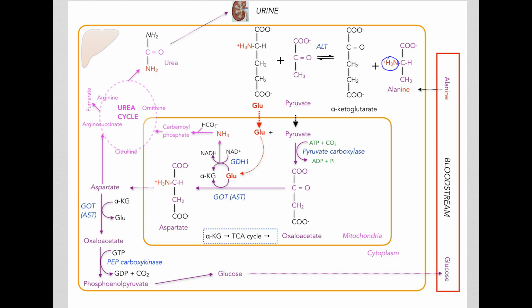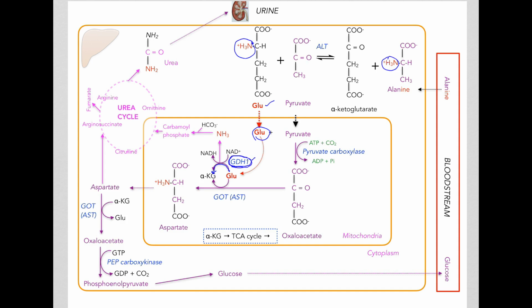You can see the nitrogen in this transamination reaction has now become part of glutamic acid. So that's the glutamic acid. And now this glutamic acid is converted to alpha-ketoglutarate by the enzyme glutamate dehydrogenase 1, which is the one that's more predominant in liver cells.